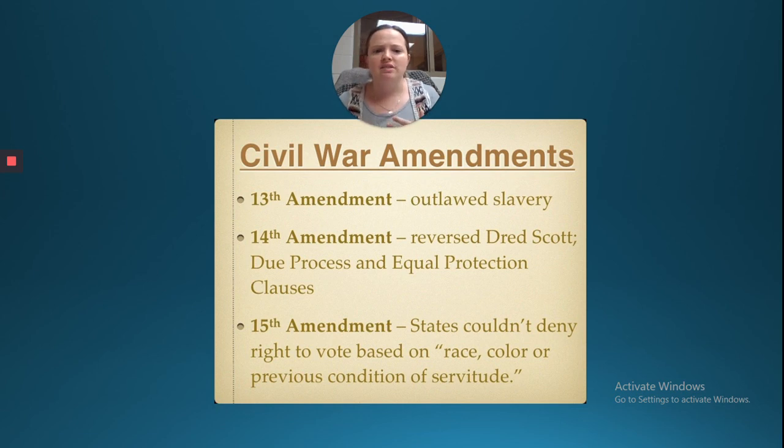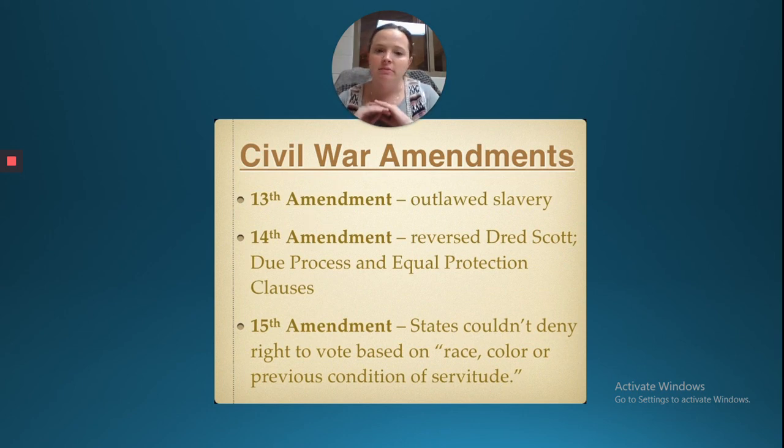The Dred Scott decision was about whether a slave from a slave state, if taken to a non-slave state, was then free. That's what Dred Scott wanted to happen, but the Supreme Court ruled that a slave owned by someone from a slave state was a slave no matter their location.